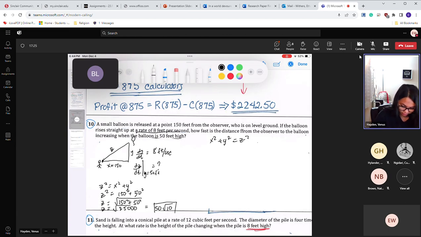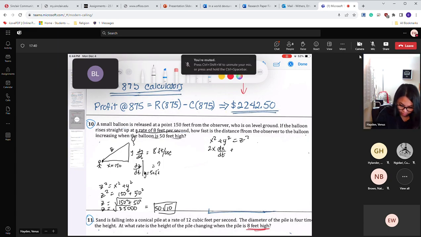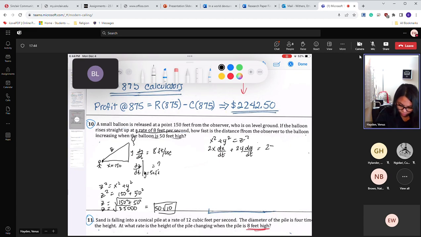So that's your z value. Now let's find the derivative of this given formula. It will be 2x dx/dt plus 2y dy/dt is equal to 2z dz/dt.